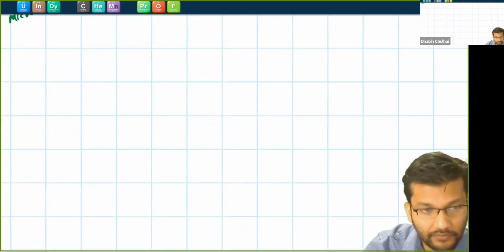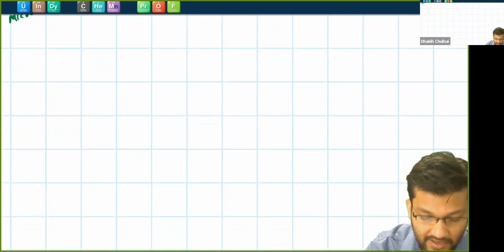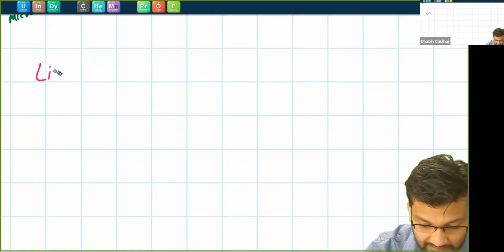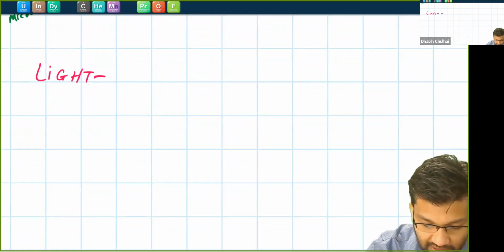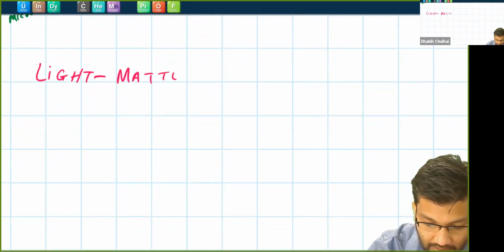So let's start with the basics of spectroscopy, which is sort of light. So I'm going to call this little section light matter interactions.